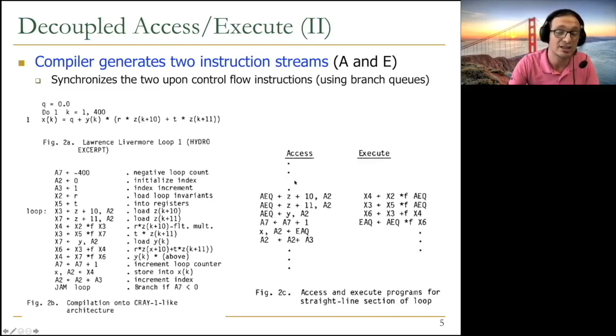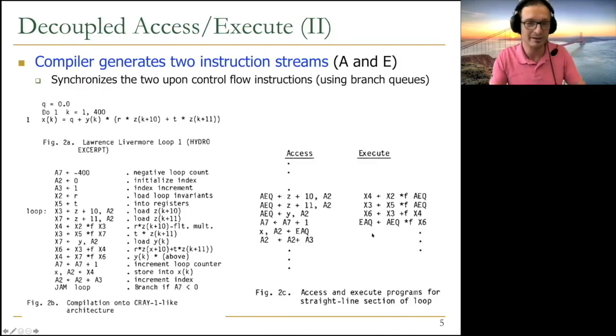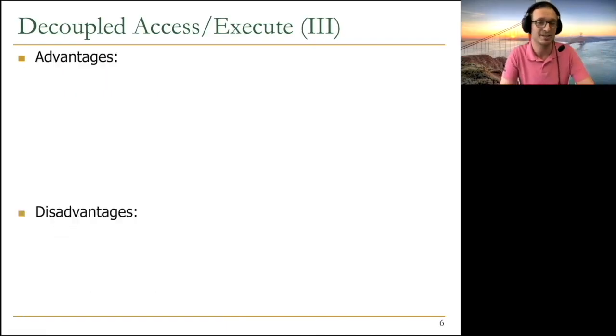And whenever you need to communicate a memory access result to the execute processor, you put it into the access to execute queue. You can see these memory accesses go to that queue. The execute engine takes from that queue and can put the result into the execute to access queue. So communication happens through these queues. You can take a look at it if you're interested in more detail.